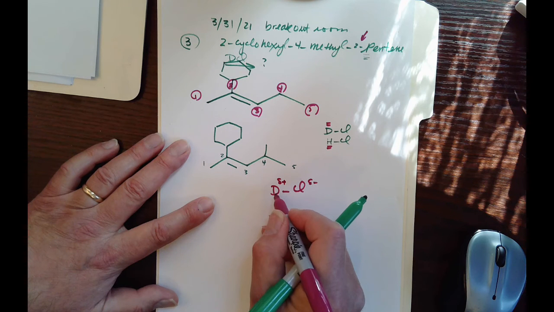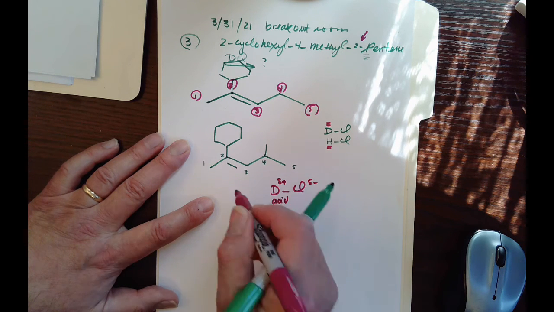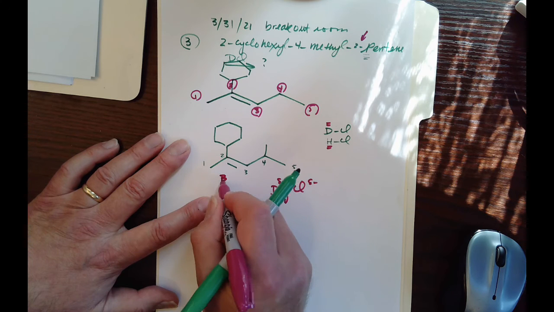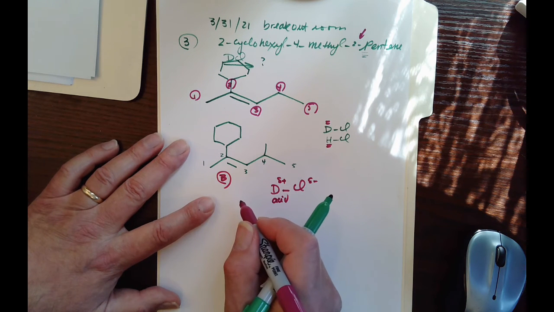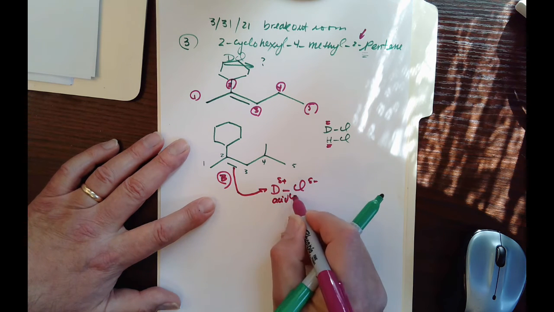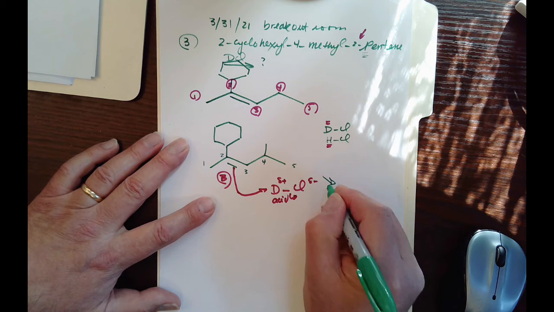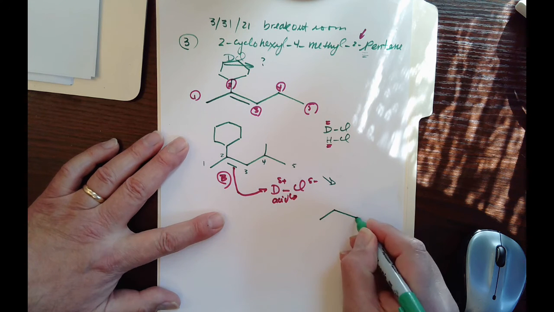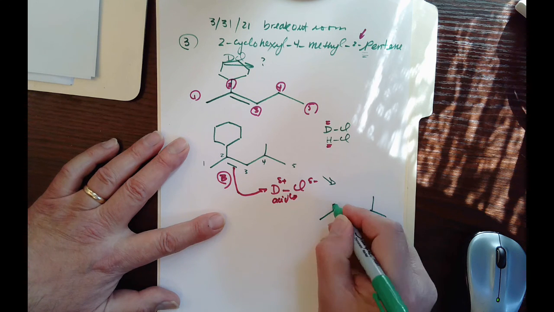This is my acid, and this is my base. And I open it as such to make a better carbocation. I want to make a tertiary carbocation. So if I draw the arrow this way and this way, what I'm making here is a tertiary carbocation.